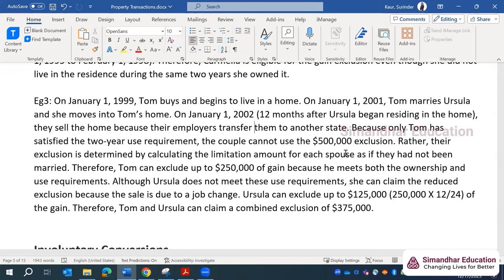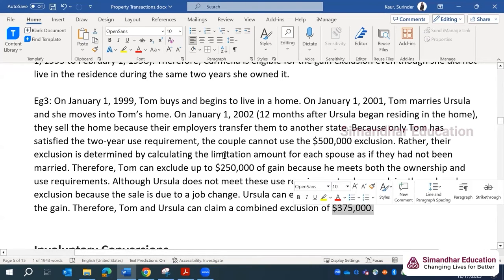So for the husband, we have no issue. He's met both the requirements. But the wife has only stayed in the property for 12 months. So in that case, we are going to prorate her exclusion by the number of months she has been residing in this place, that being 12 months. So her exclusion amount will be only $125,000. So the combined exclusion amount for both husband and wife in this example will be $375,000.